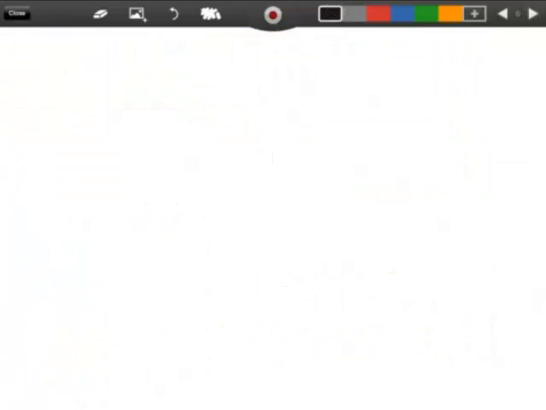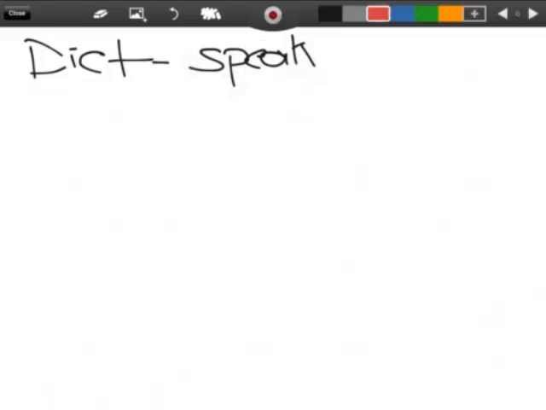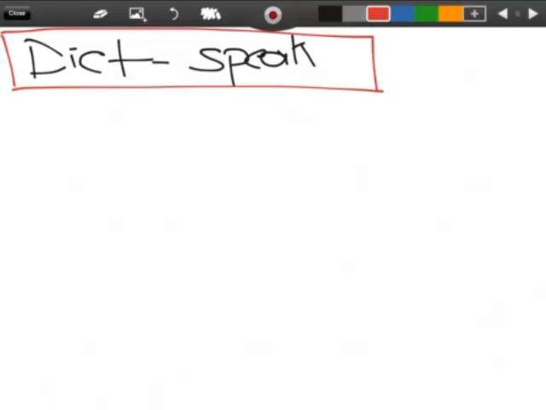Moving on to our next root, which is dict. Dict, meaning speak. This is a commonly used root as well, so I'm going to put that in a box. I'm going to give you two examples. One of them, which I have given before, is contradict.